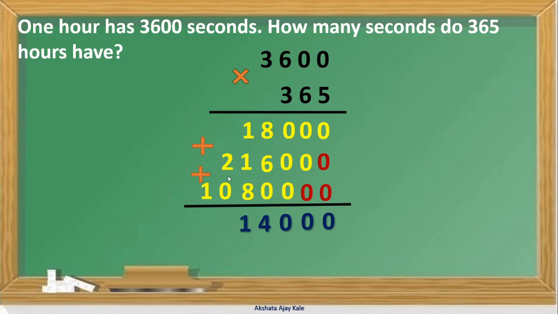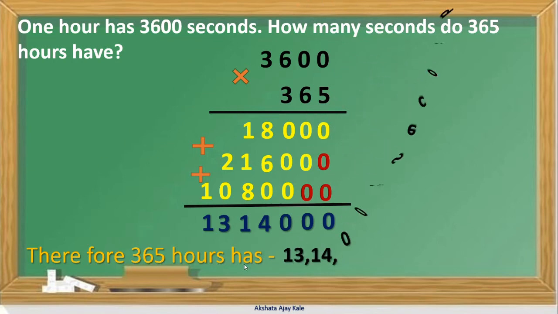So 1 plus 2, that is 3 and 1 as it is. So our answer is 13,14,000, isn't it? We can write like this. Therefore, 365 hours has 13,14,000 seconds. Okay, got this? We will rub the board.